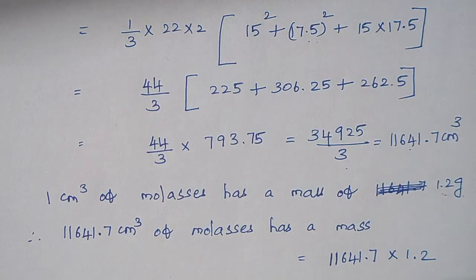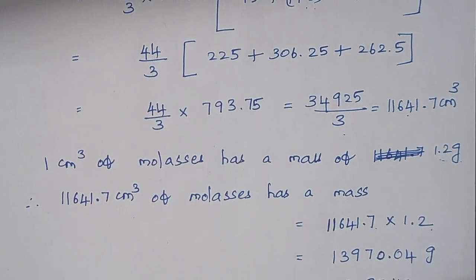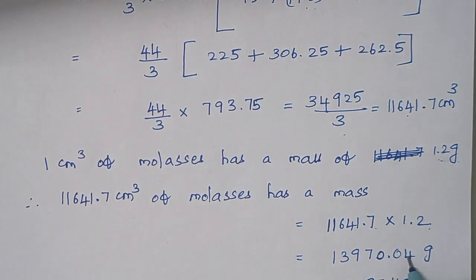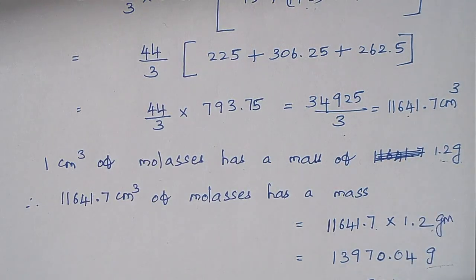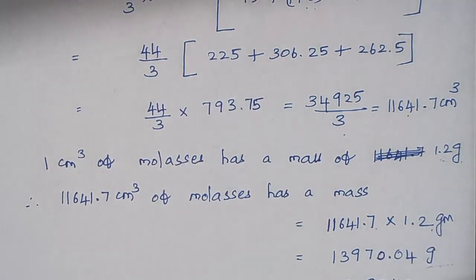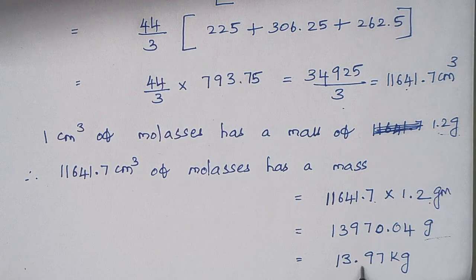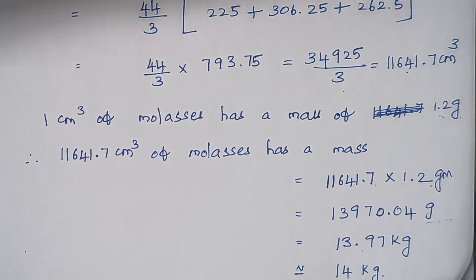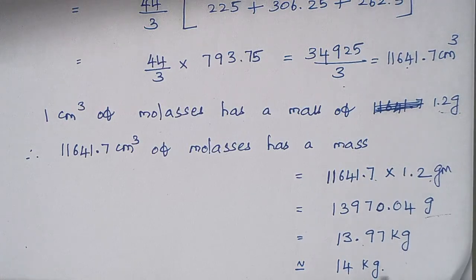So when you multiply 11641.7 into 1.2, here we get the answer as 1397.04 gram. Okay, this is in gram because here it is 1.2 gram. So when I want to convert this gram to kg, I have to divide this by 1000. Therefore, here it is 13.97 kg, or simply 14, approximately it is 14 kg.